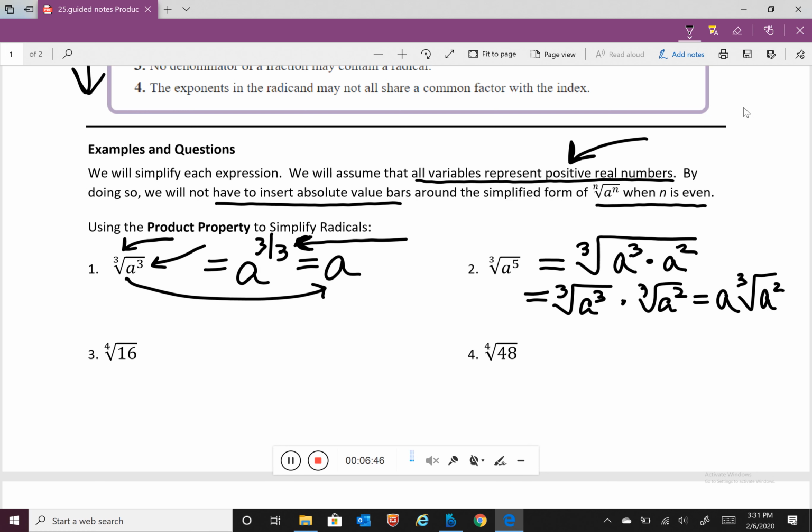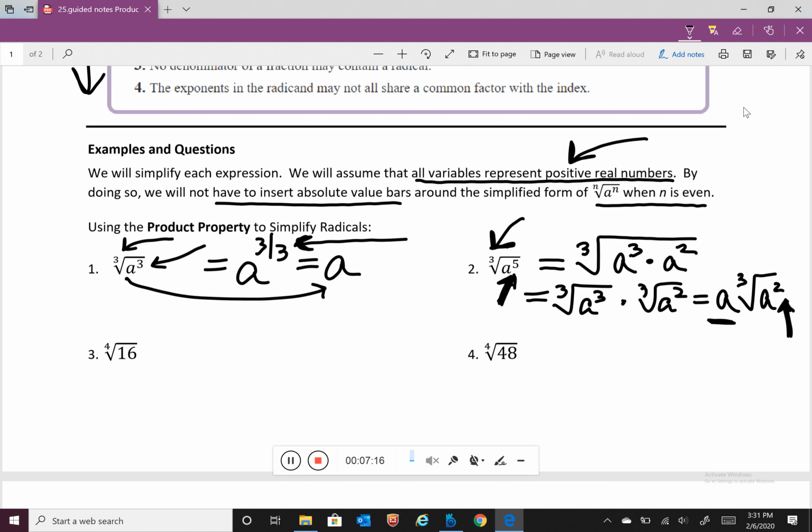We could use the algorithm: how many times does our root of 3 go into our power of 5? The answer is 1. But it doesn't go in evenly, there's a leftover. How much is left over? 2. So we'll continue to practice with our exponents in this way.